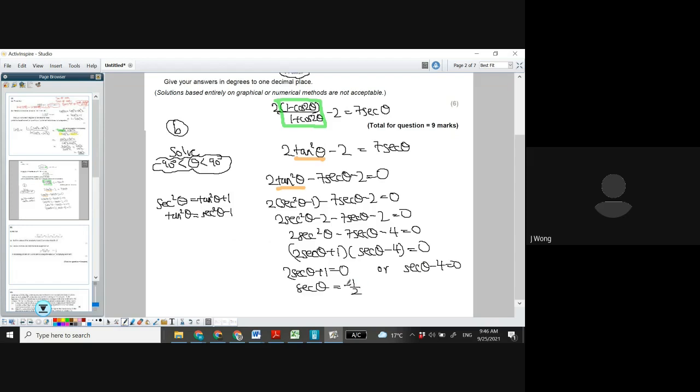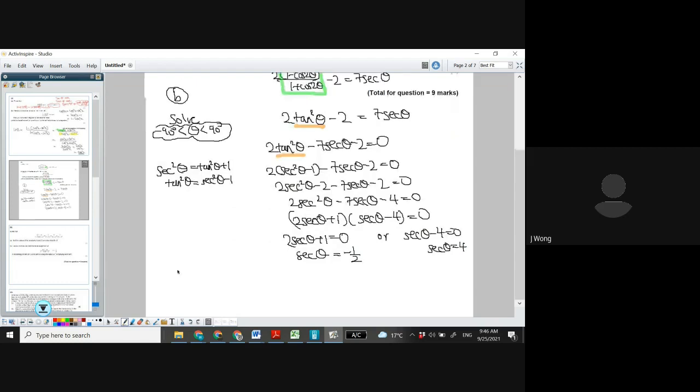So make sec theta the subject for both, and you solve it by taking the reciprocal. So cos theta, the reciprocal of sec theta, has to be minus 1 over 2. Similarly for this one, cos theta has to be 1 over 4.